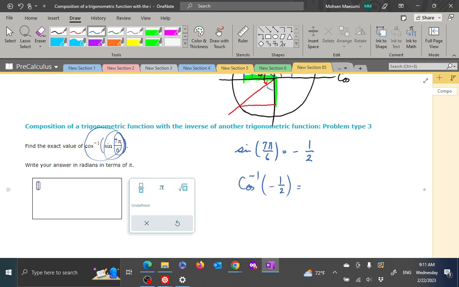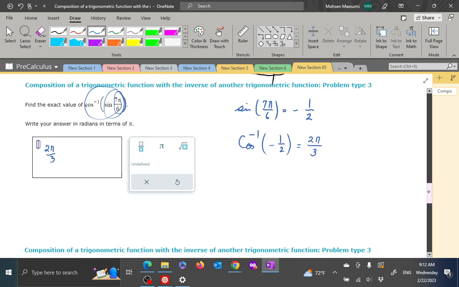So what is the cosine inverse of minus half? Do we remember what that is? Make sure you have a table in your notebook where all of these things are listed, and that you can find your table quickly, and then you get the answer 2 pi over 3. So the answer is 2 pi over 3.